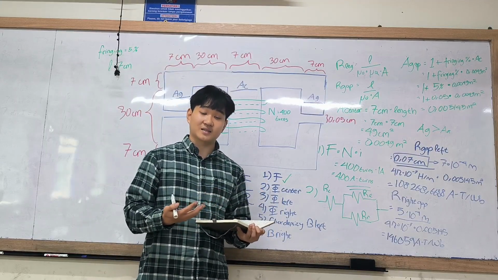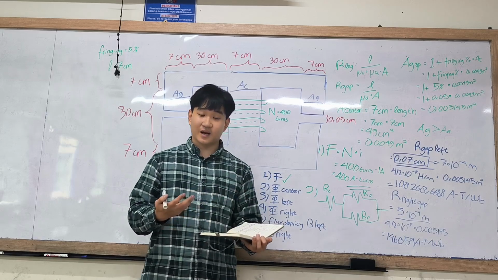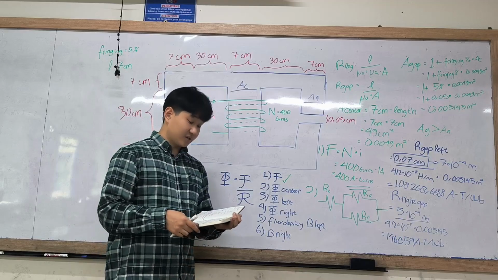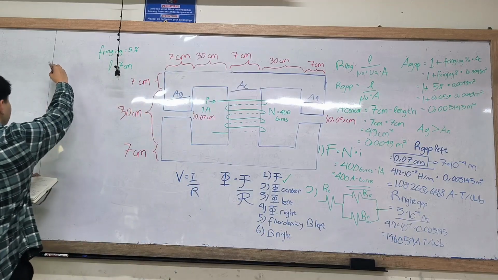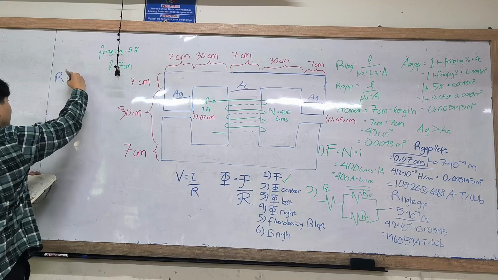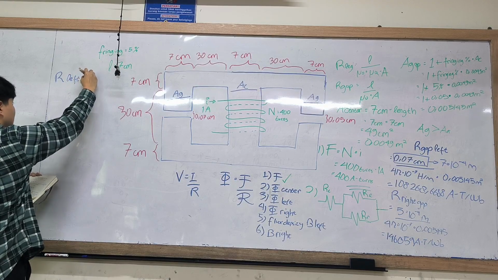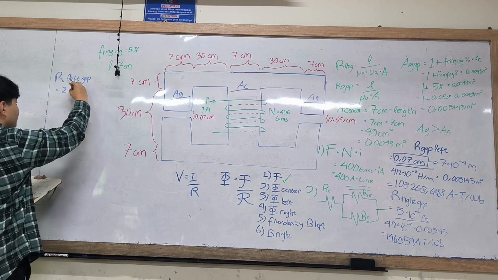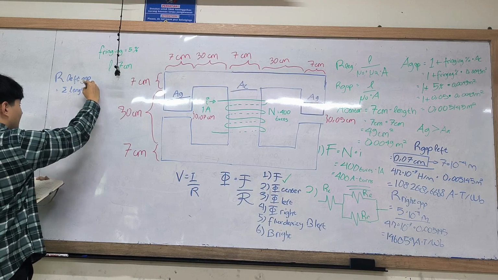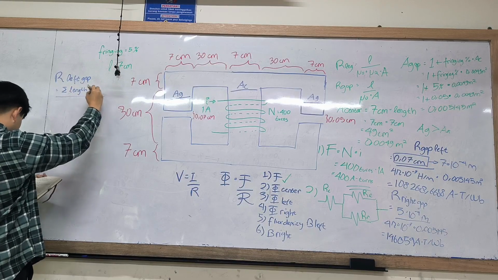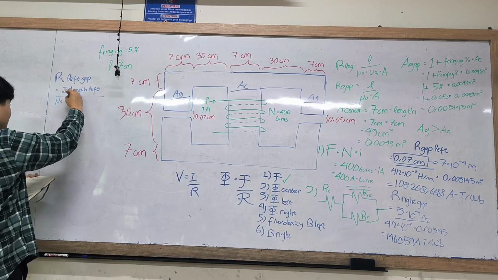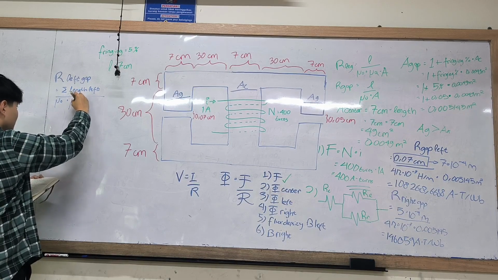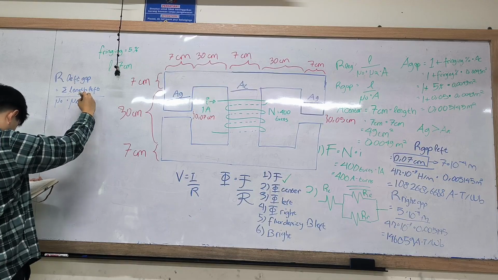Now we have to find the reluctance in the left leg, the center leg, and the right leg. To find the reluctance on the left leg, we will have to find the total left leg length minus the gap, divided by permeability of free space times relative permeability times the area.